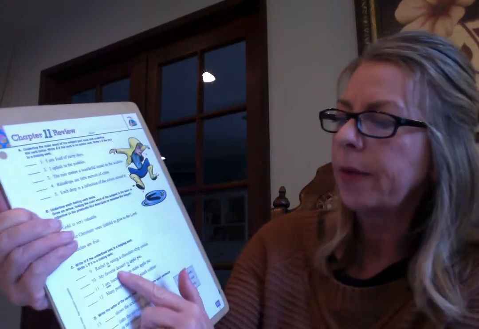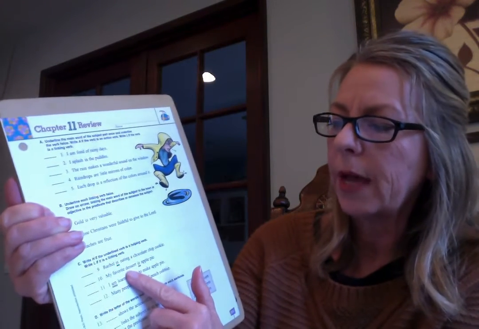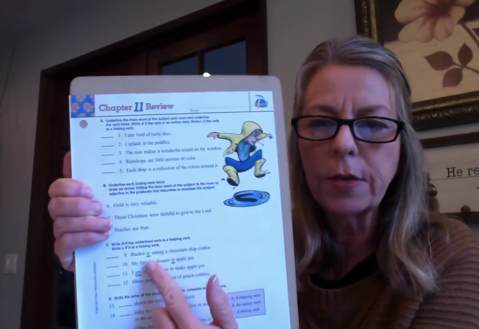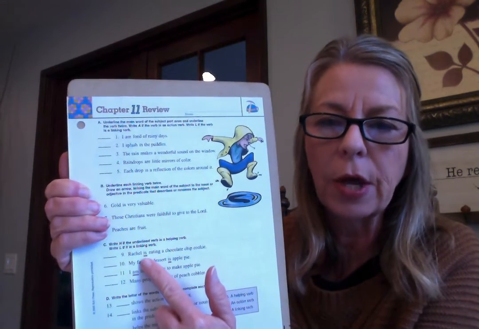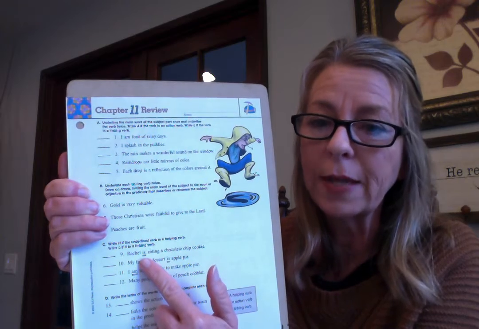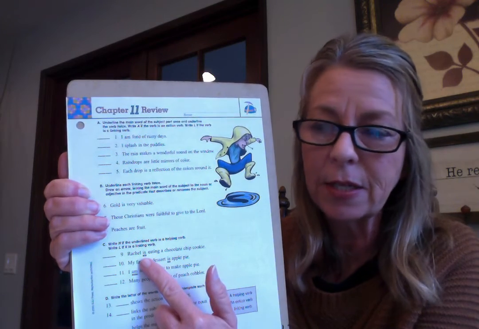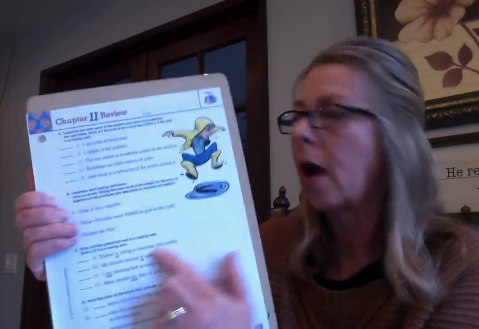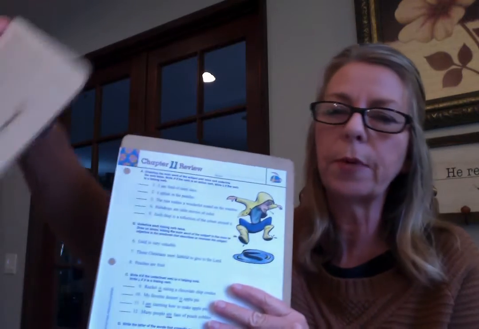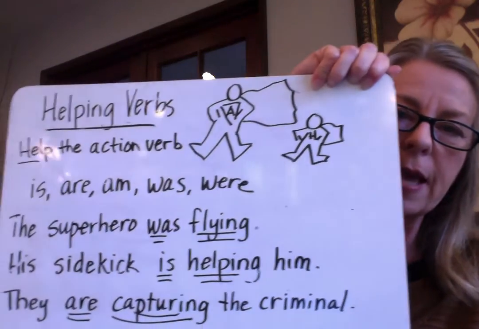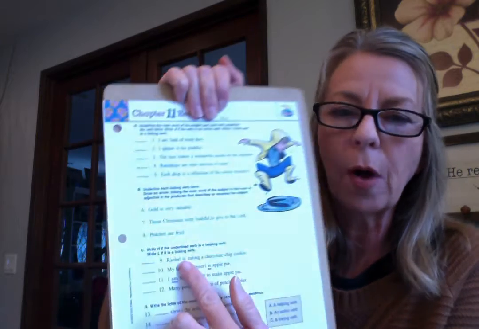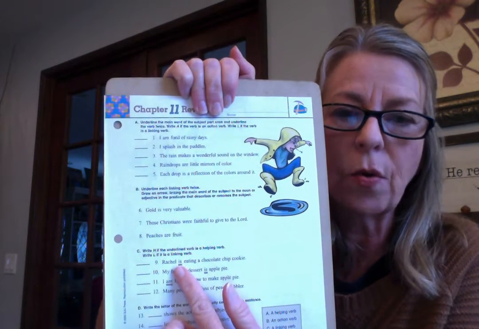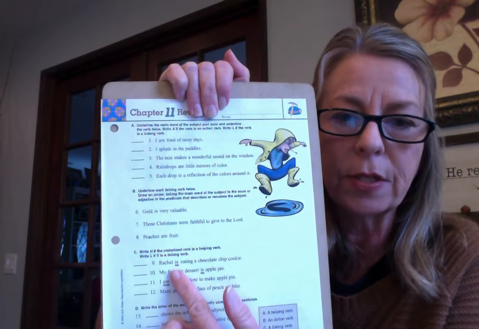Okay, section C, write H if the underlined verb, okay, so each of the verbs are underlined for you. So you're going to mark H if it's a helping verb. Okay, does this go with an action verb, or is it just linking the subject and the description? Okay, and remember, our helping verb is the little superhero sidekick that goes with the action verb. So look and see, is there an action verb also in this sentence, or is it just linking a subject to a description?